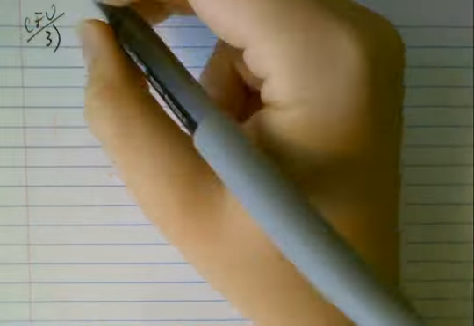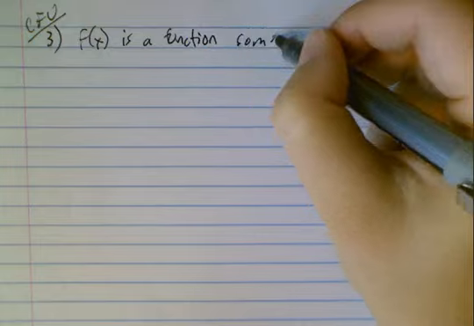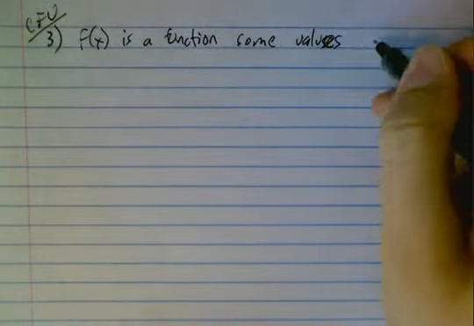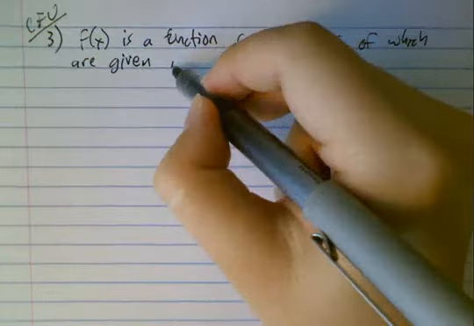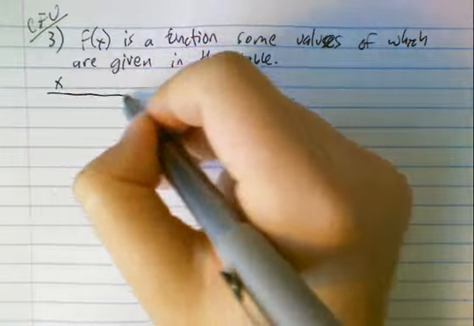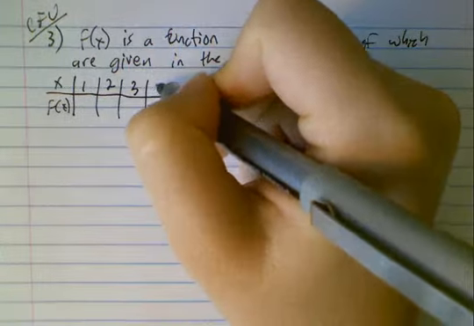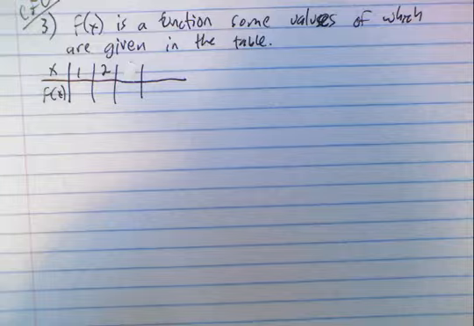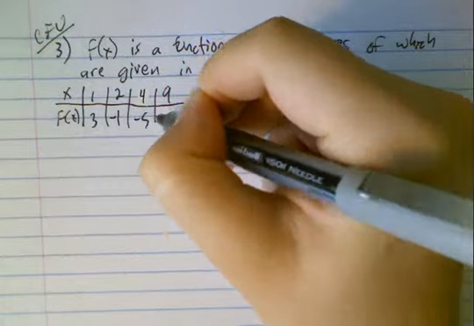Let's do a check for understanding problem with that type. F of x is a function, some values of which are given in the table. x is 1, 2, 4, and f of x is 3, negative 1, negative 5, negative 4.